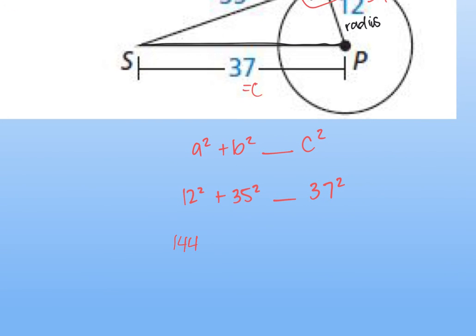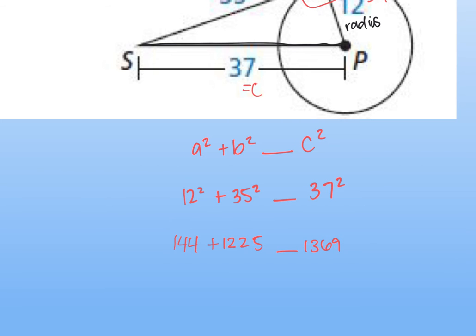This is 144. What's 35 squared, guys? 1,225. And what's 37 squared? 1,369.